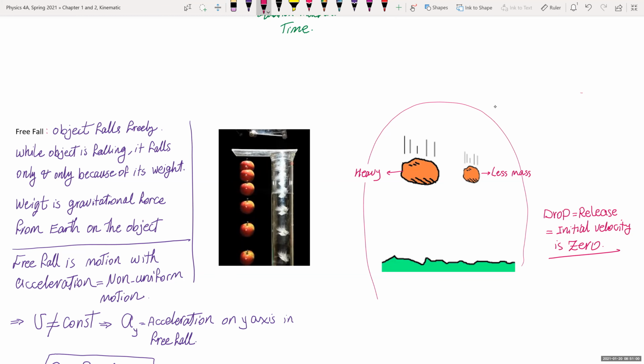So drop means no initial velocity. So I can say V naught is 0. Drop is different from throwing. When we throw the object up or down, we give it initial velocity.